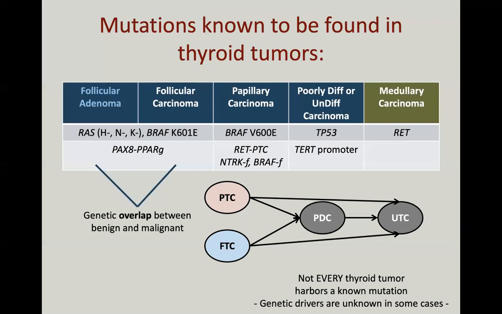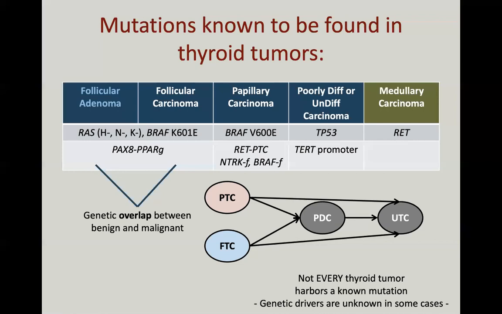Once you start getting aggressive mutations like TP53 and TERT promoter, you're now more likely to be in the poorly diff or undiff anaplastic spectrum. And remember that medullary carcinoma more specifically has RET gene mutations, not RET rearrangements necessarily, but RET gene mutations. Remember that both papillary and follicular carcinoma can transform to poorly diff, both can transform to anaplastic, and poorly diff can transform to anaplastic, right?